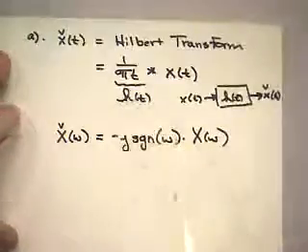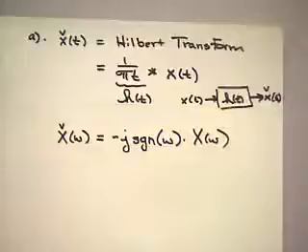So this Hilbert transform has an interesting property of really not changing the magnitude of the signal at all, but simply for positive frequencies, reducing the phase by 90 degrees, and for negative frequencies, increasing the phase by 90 degrees. So essentially it's rotating the phase of the signals, but not otherwise affecting them.